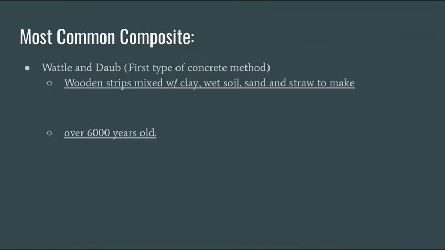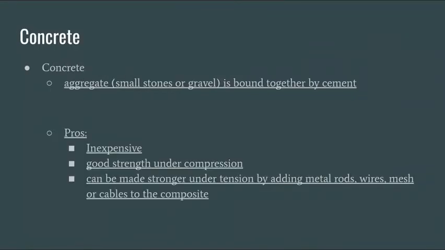And then we get into making concrete, which is aggregate or small stones or gravel, and it is bound together by cement. So cement is added, or we add these small stones or gravel into cement, and it makes concrete.